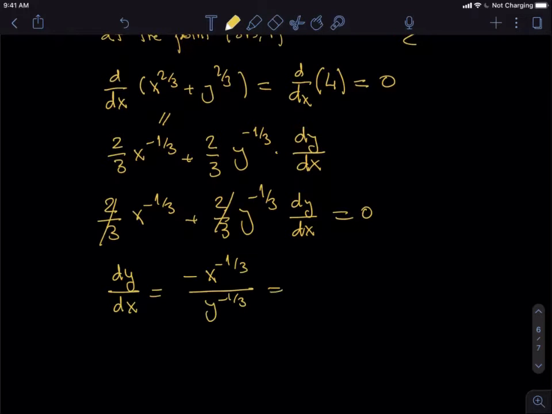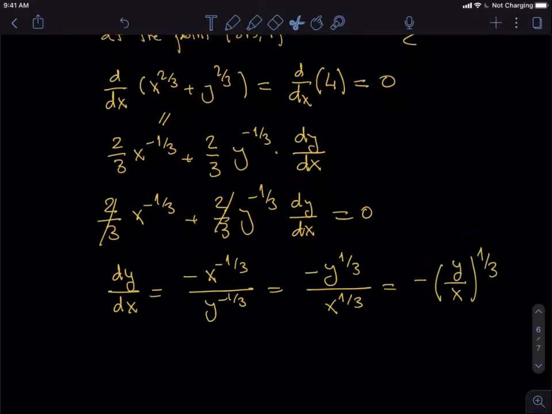Or if we want to write it a little simpler, we can put positive exponents and just flip numerator and denominator. We could even write minus y over x to the power 1/3.